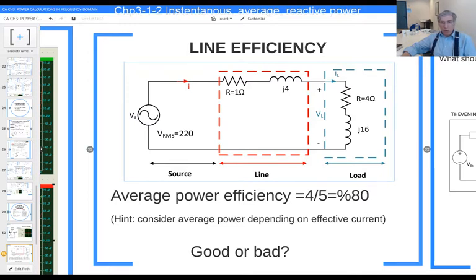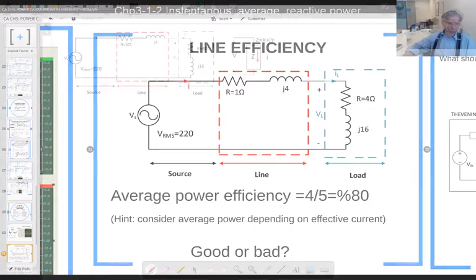So efficiency is the average power being consumed here over the total power getting out of the source. In order to do that, to see the details, I will be transferring to the open board.